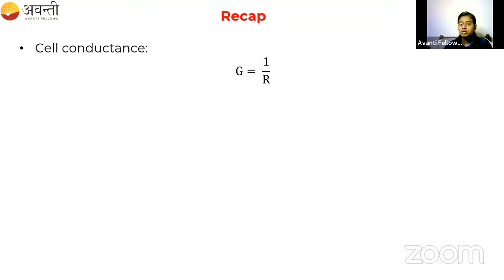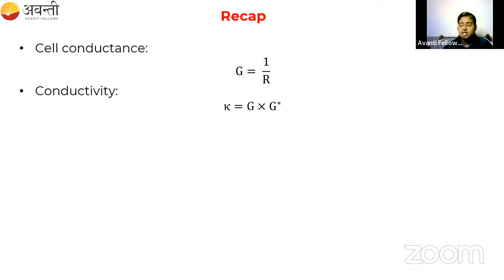Can anyone tell me the Greek symbol we used for conductivity? Very good, it is kappa. The formula for kappa is G into G star, where G is the conductance and G star is the cell constant. Clear for all of you?